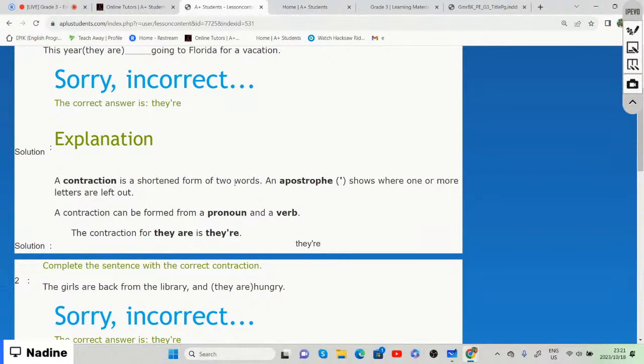But remember, we don't add two apostrophes if two letters are left out. We only add one apostrophe even though two or more letters are left out.